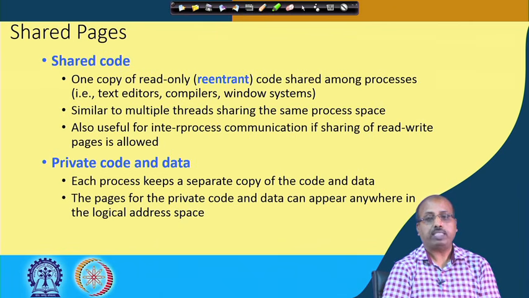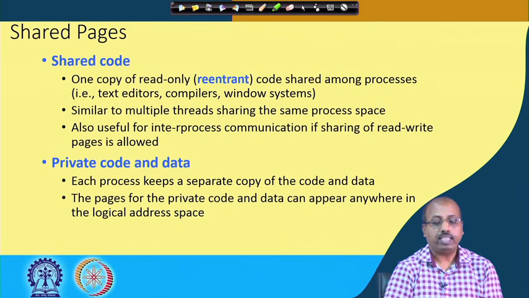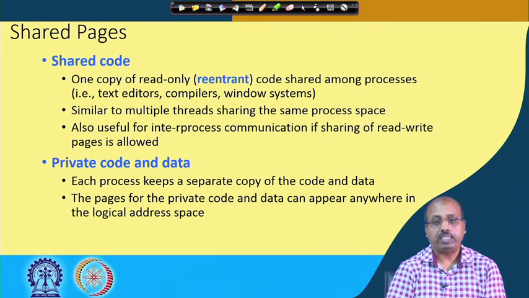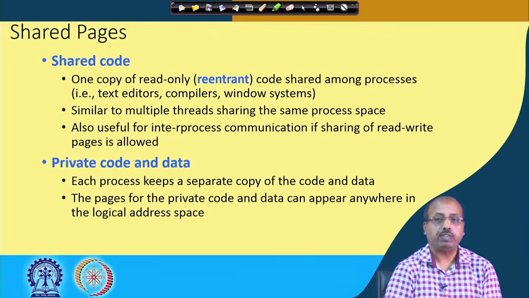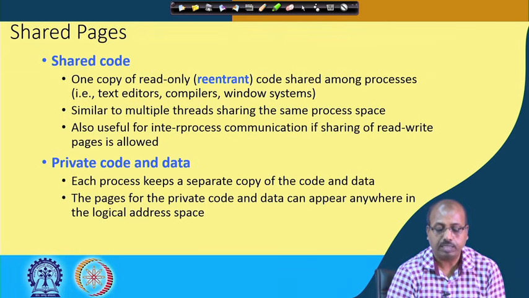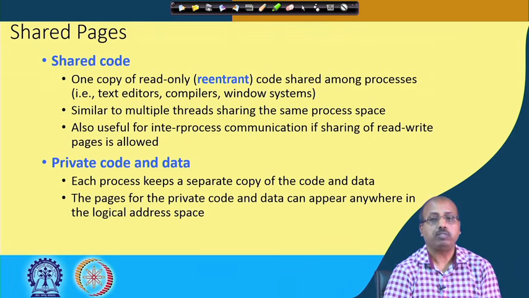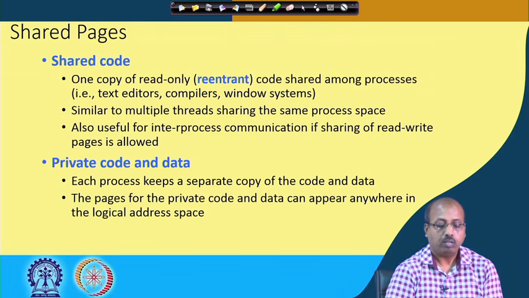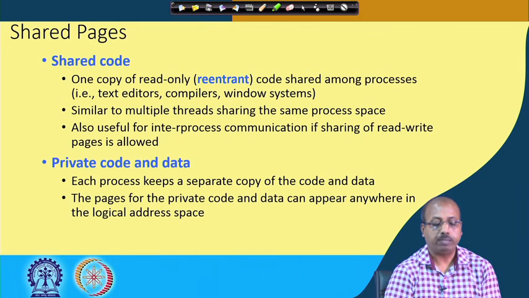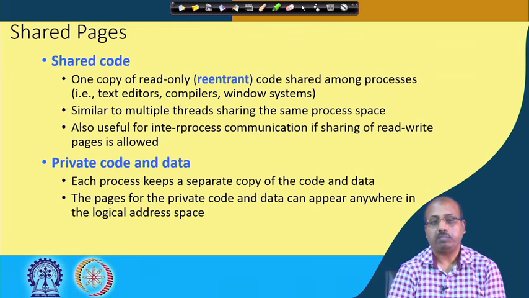For each process's page table, it can have an entry for that corresponding frame, and it can have the sharing information, read-only. This is similar to multiple threads sharing the same process space. We can also use this for inter-process communication if sharing of read-write pages is allowed.